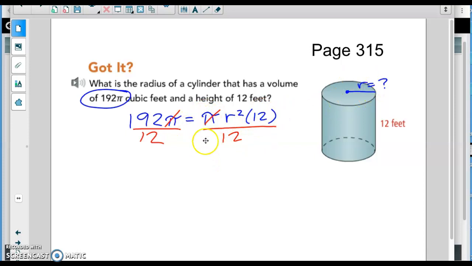I got to knock out everything around it. So I do 192 divided by 12. I get 16, and now my r is just squared on that side. So how do I undo a square? I take the square root of both sides, and I get 4. The 4 tells me that my radius is 4 feet across. Final answer.